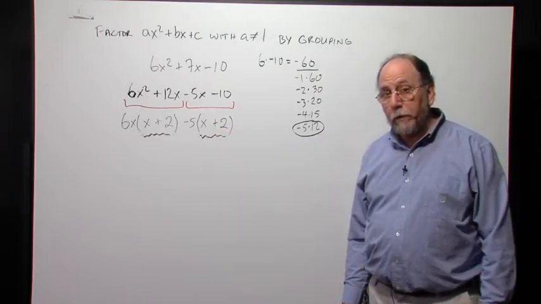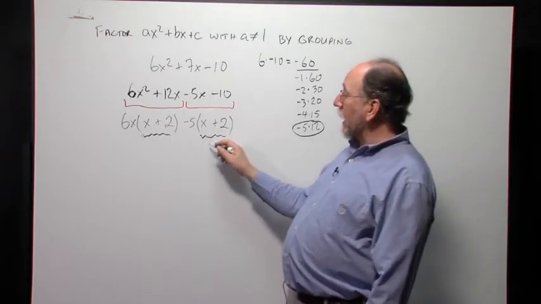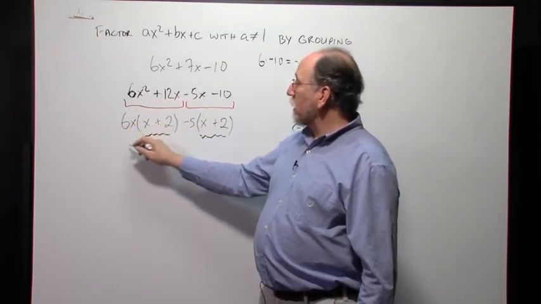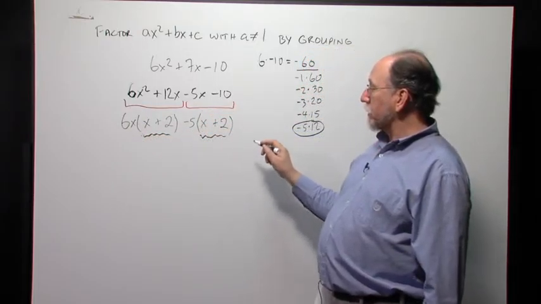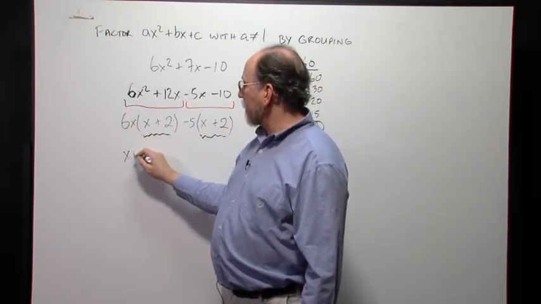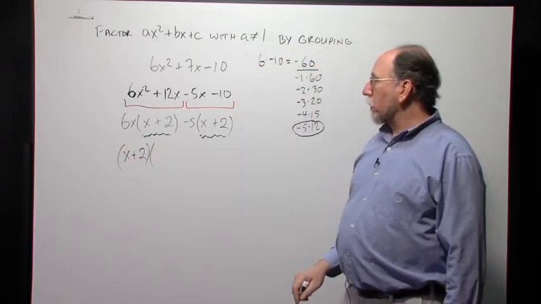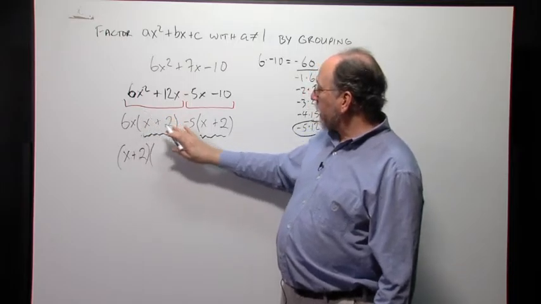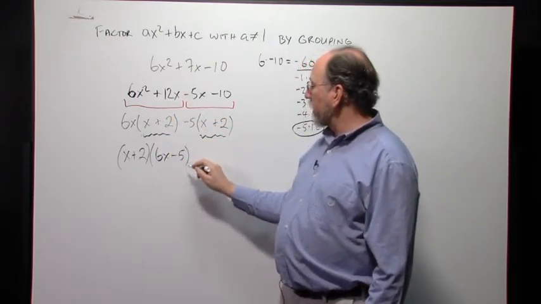That's how factoring by grouping works, if you recall. So now we're going to take that common factor of these two, what could be considered terms, because they're predominantly multiplications, and factor that to the front, x plus 2. And what's left? If we've taken out the x plus 2 here and the x plus 2 here, we have 6x minus 5 left.